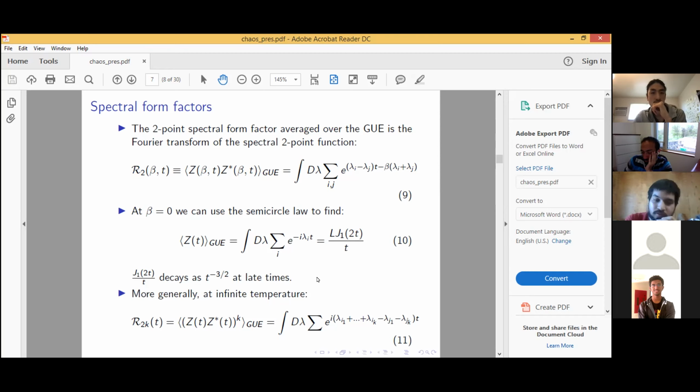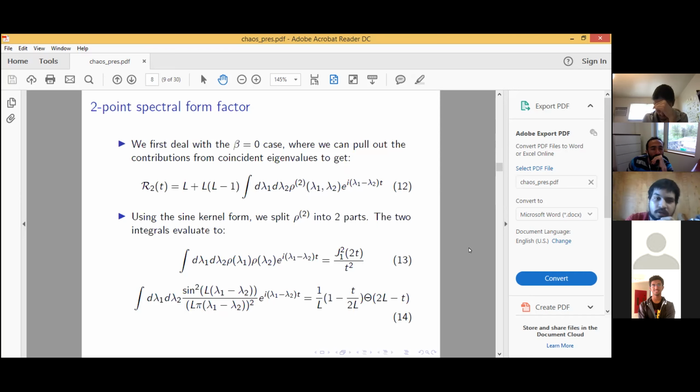So at infinite temperature, we can write a generalized expression for R2k, which is just z star whole to the power k ensemble averaged over the GUE, which in its integral form looks like this, equation 11. We first deal with beta equal to 0, the infinite temperature case.